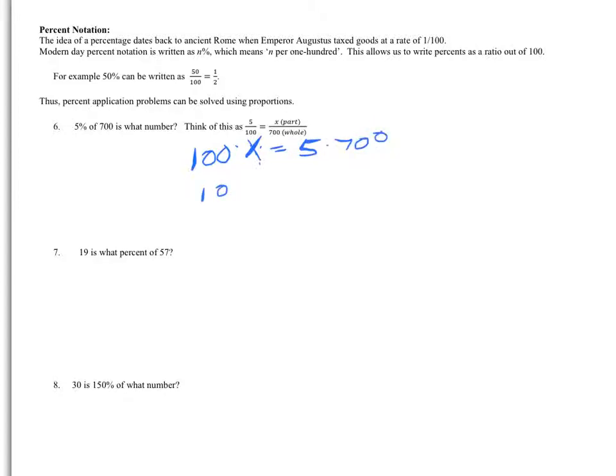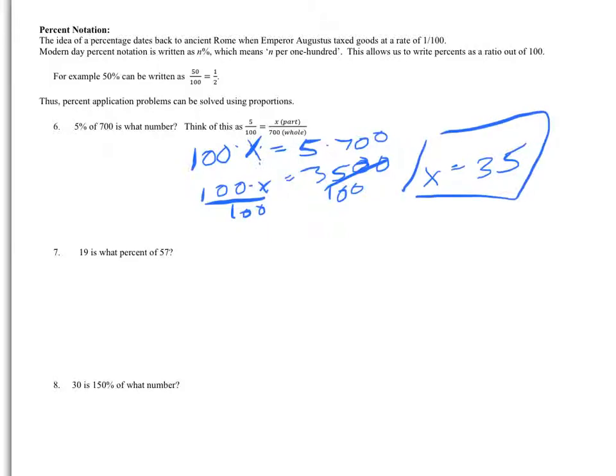Simplifying the right-hand side, 100 times x is equal to 3,500. Dividing by 100 gives us that x is equal to 35. So 5% of 700 is 35.